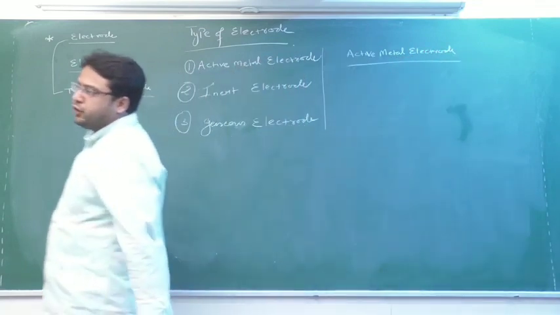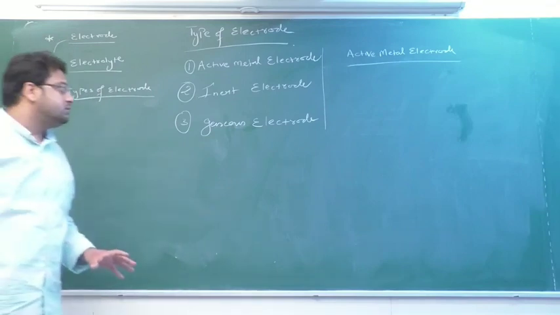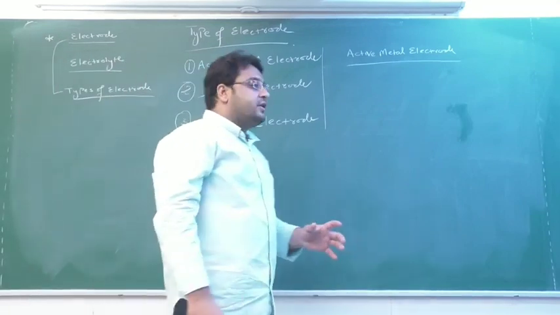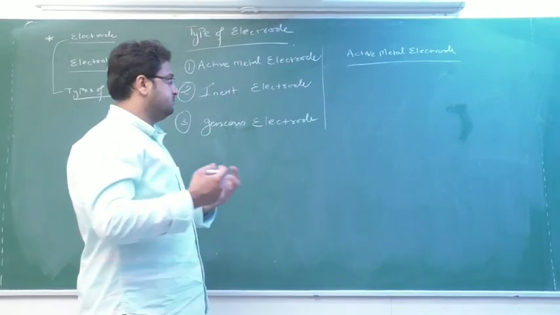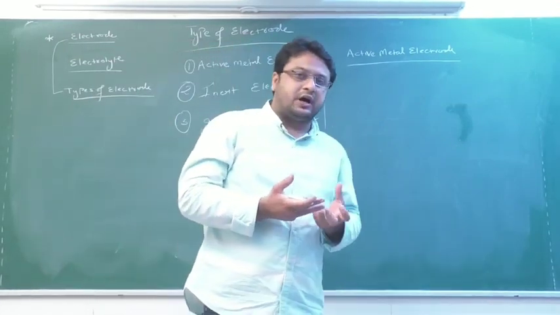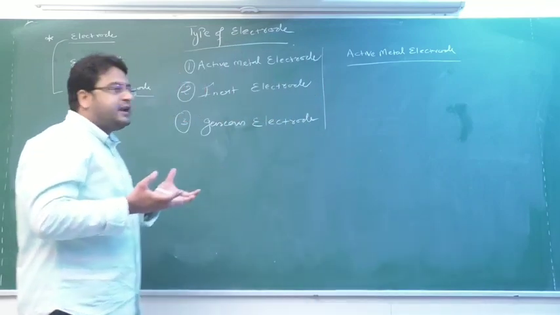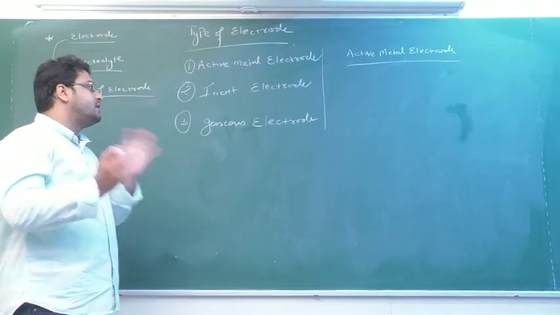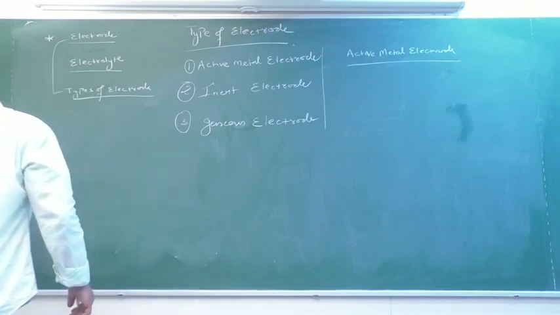An active metal electrode means this electrode will undergo oxidation or reduction; after the completion of the reaction, the weight will either be reduced or gained. So write down: active metal electrode.